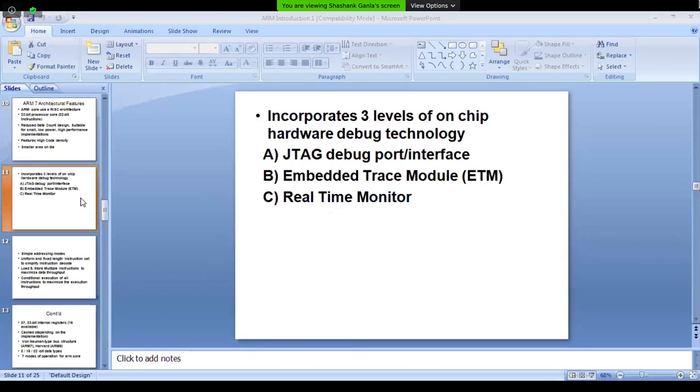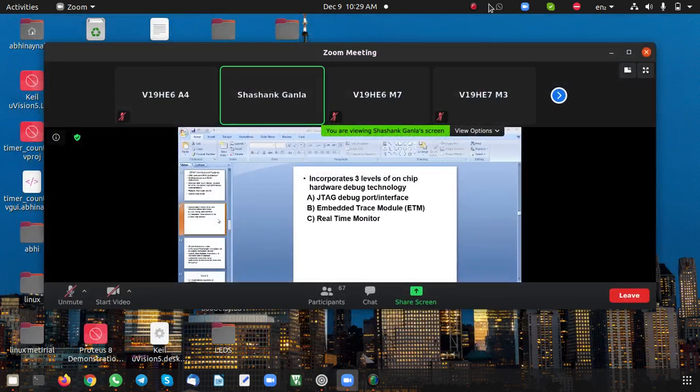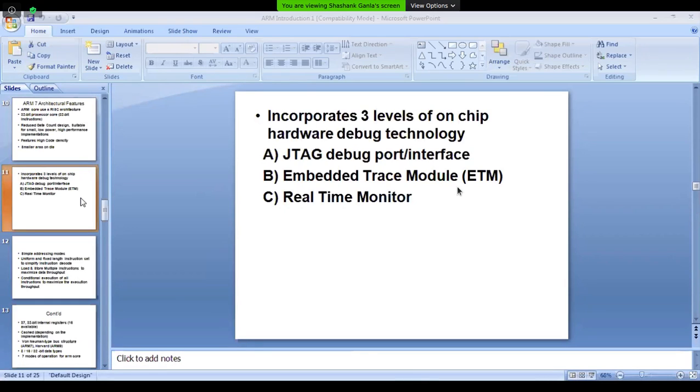All these operations can be comfortably done using JTAG, Joint Test Action Group, a serial communication protocol available in the ARM core, which allows us to debug the ARM core when writing applications. That's called hardware debugging.